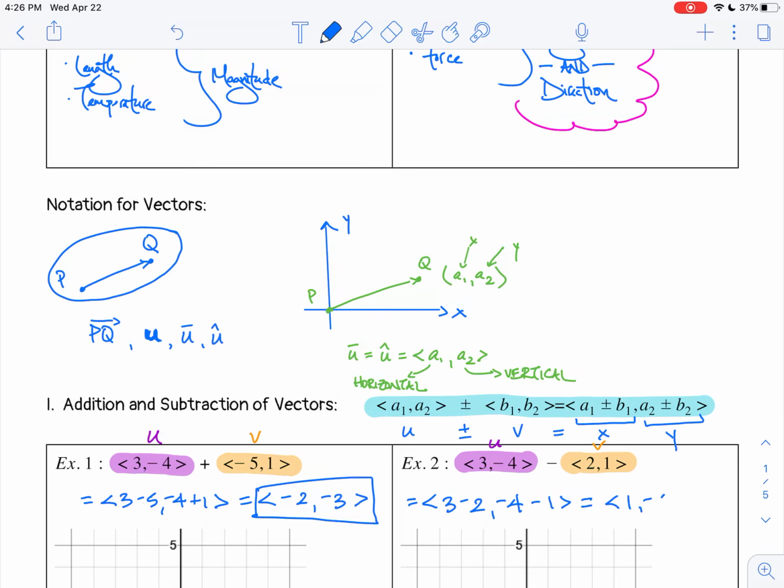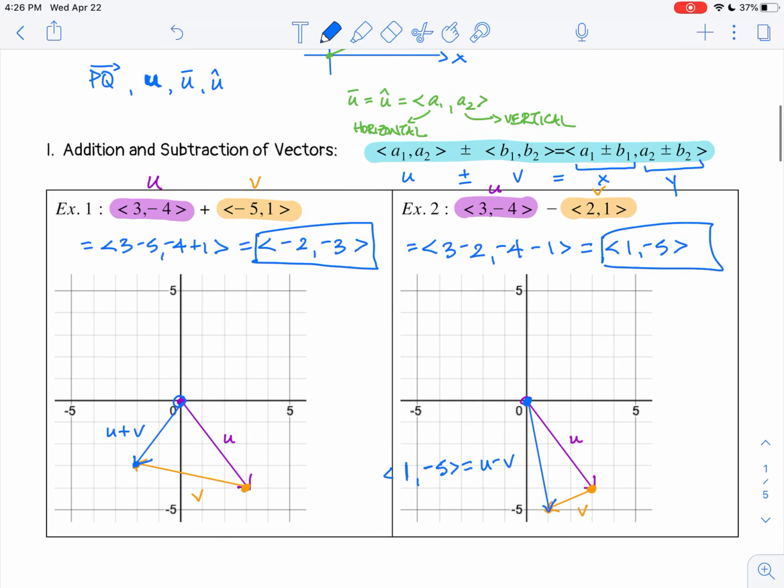And that gives us 1 comma -5, which is good because that's what we got when we drew the diagram, okay? So we don't always need to draw the diagrams to answer the questions. In fact, it's usually pretty straightforward arithmetic, but I think sometimes just knowing what you're doing, like seeing a visual of it, helps it stick a little bit better in your brain.